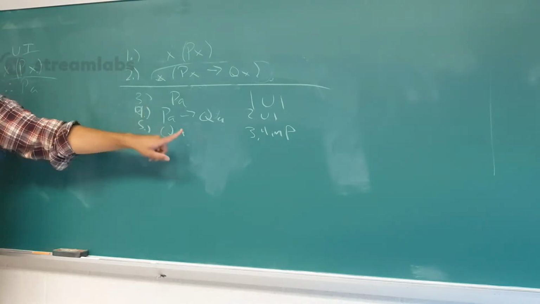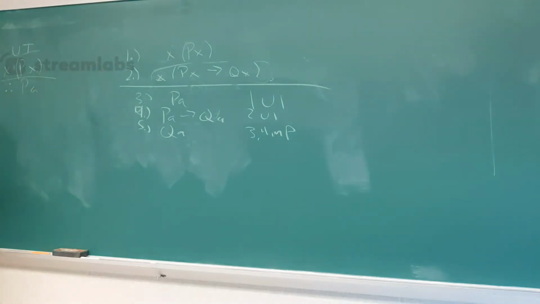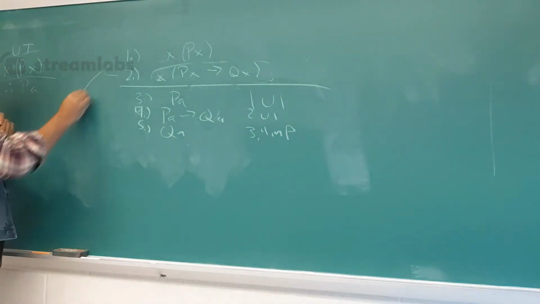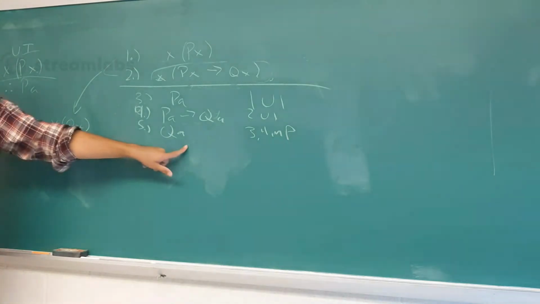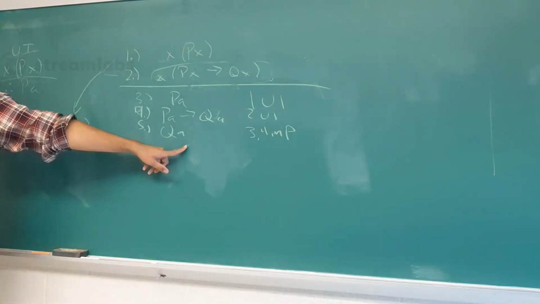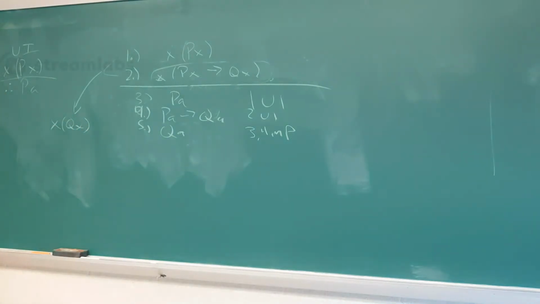Right. That's a particular object though, right? Didn't we originally want to say, we know that from this we can draw the conclusion for any X has Q? This is particular still. How do we fix that? Any ideas? Generalization.